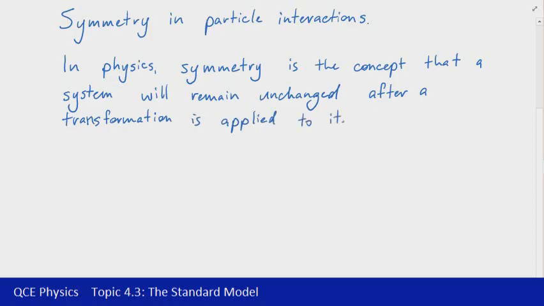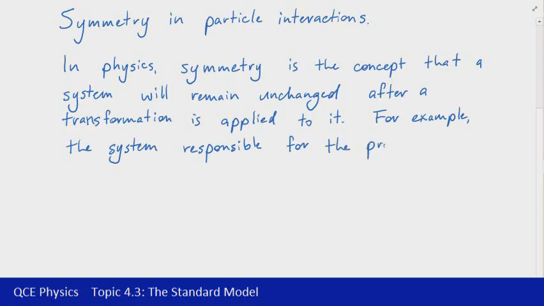So to put it in context, let's consider the system, and I'm saying that in inverted commas, of the production of the hydrogen spectrum. That's to do with hydrogen being energized and producing those colors of light that we see. That system can be observed in a few different places.